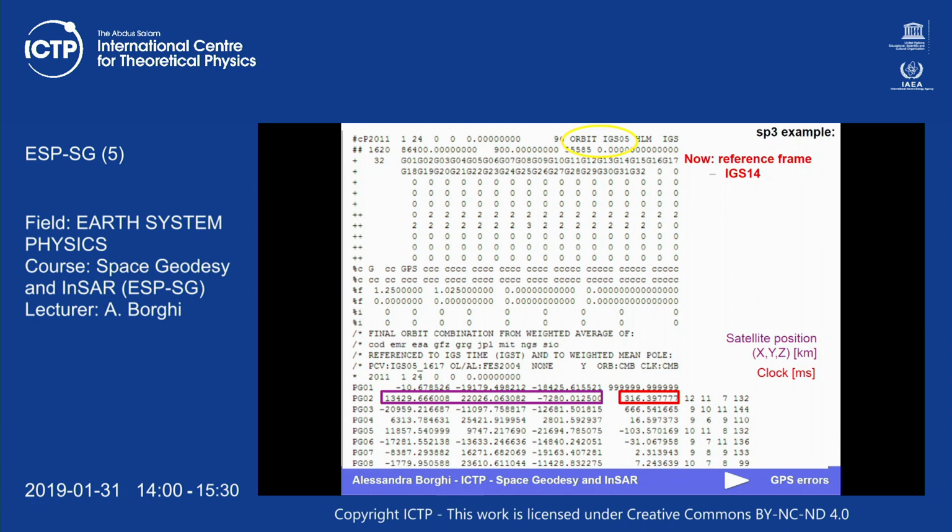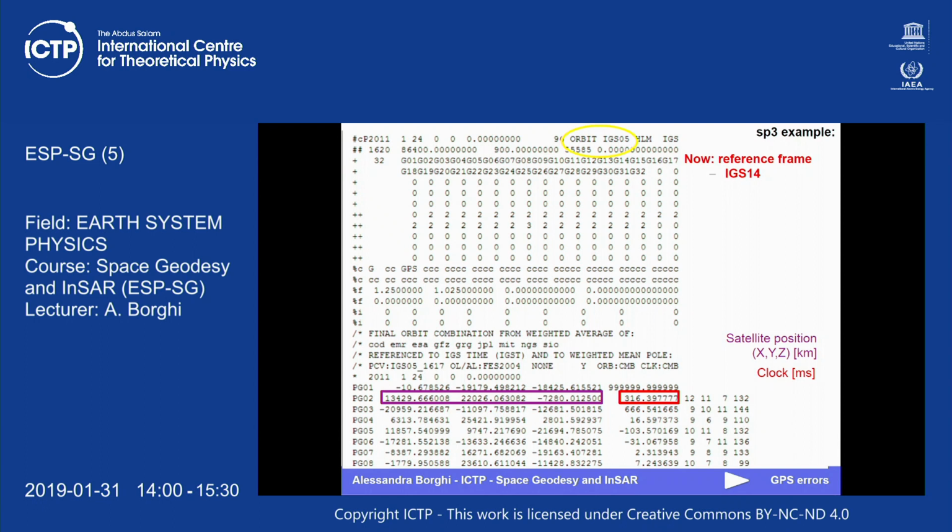That is an ASCII file. And there is some information: final orbit combination, computing a weighted average from all these analysis centers. This is for Bern in Switzerland, ESA, GFZ in Germany, JPL in the United States, MIT in the United States, and so on.